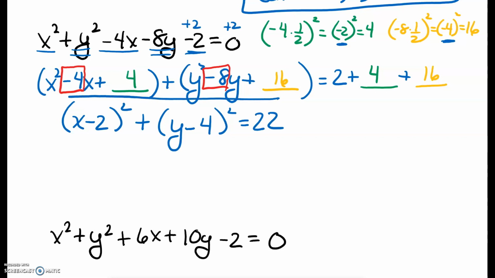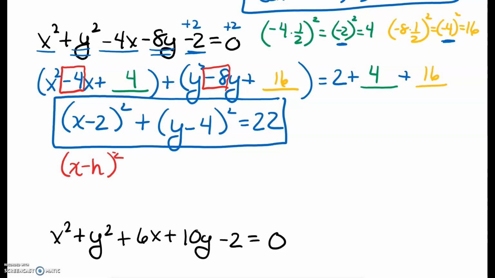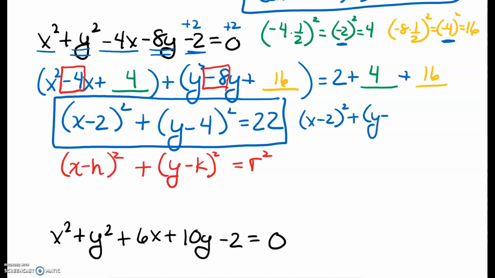This is my standard equation, but I need it to look like x minus h squared, that one looks good, plus y minus k squared, that one looks good, but this is not in r squared form. So let's just quickly write it over here. What squared would give me 22? Well, the square root of 22, squared.